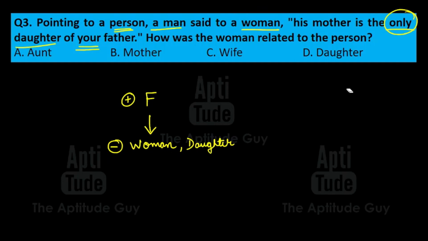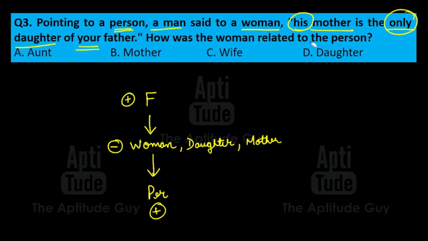All right. Now, his mother is the only daughter. Whose mother? The person's mother. He is the third person, and the third person is the person they are talking about. So, this person's mother is that only daughter. So, this woman is the daughter, and this person is somebody's mother also. Whose mother exactly? The person's mother. The person is a he.